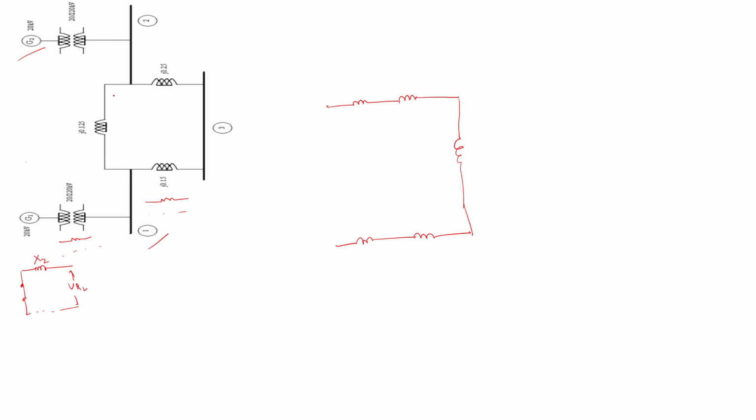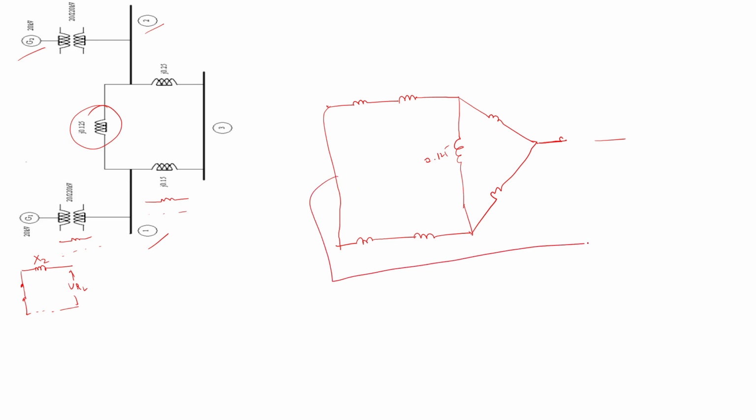This point to this point, this point to this point we have this reactance, that is 0.125, and here we have a delta connection, and it's 2 equivalent here. This is the negative sequence diagram, and actually this is the neutral point. For typing I'm writing a solid line here, but it is a dotted line.